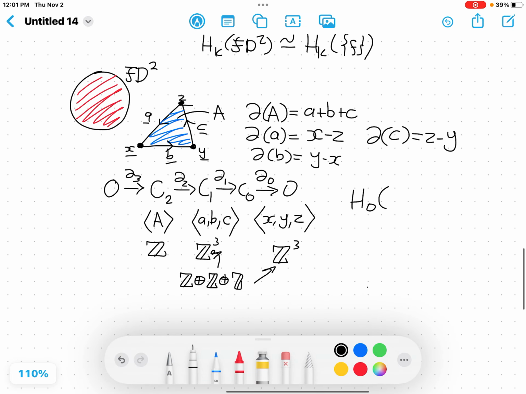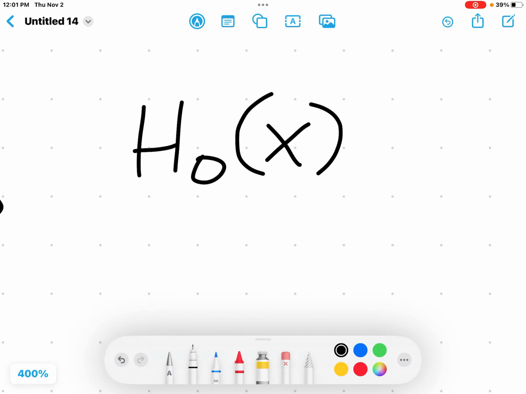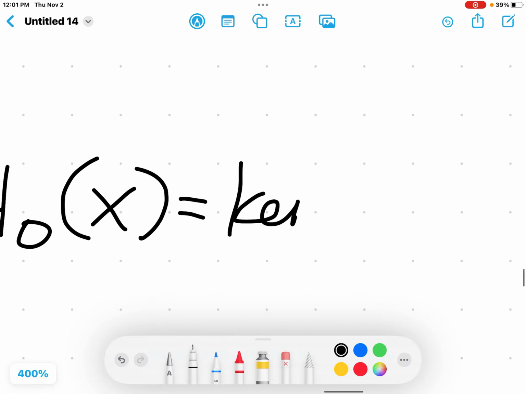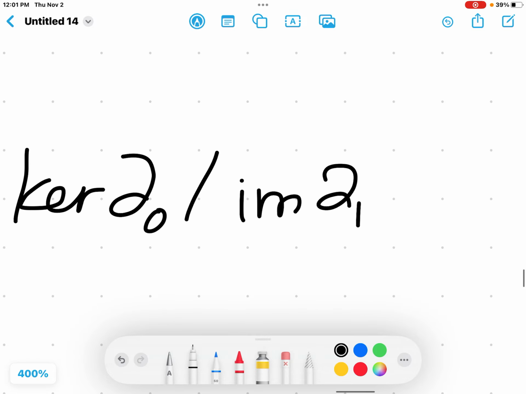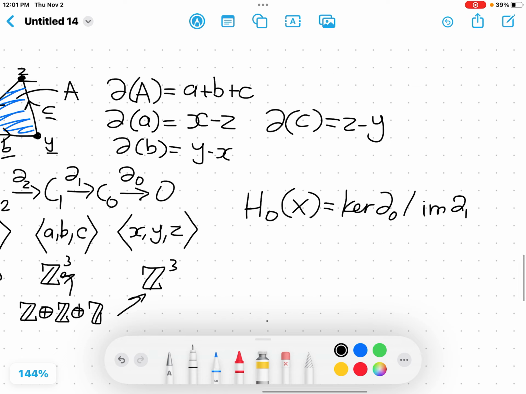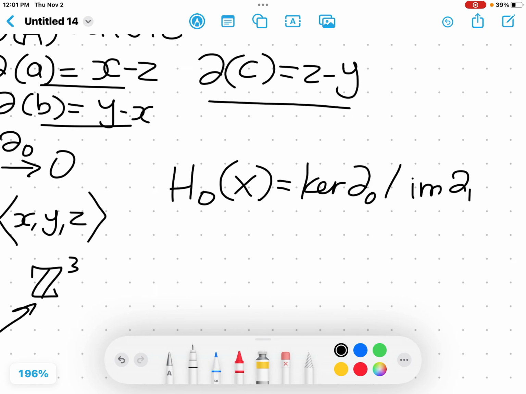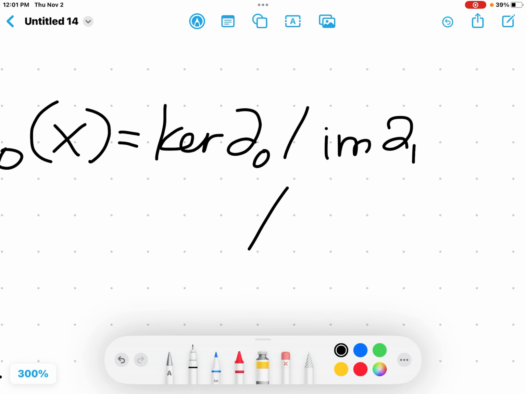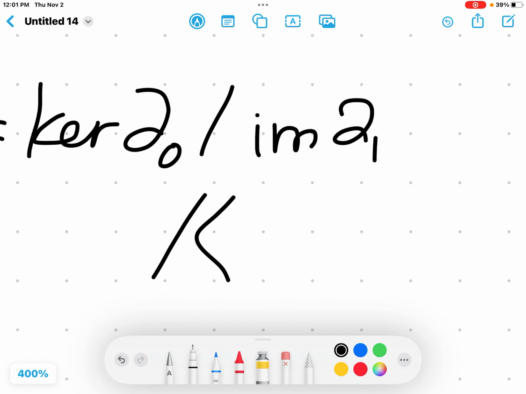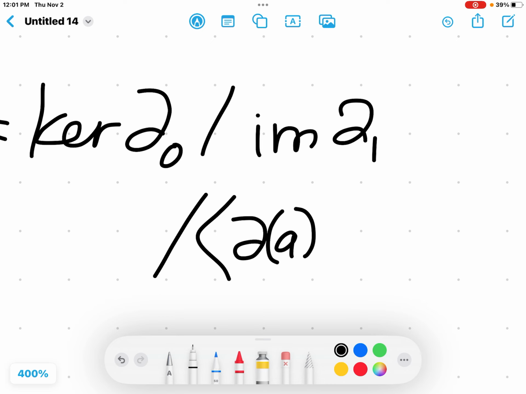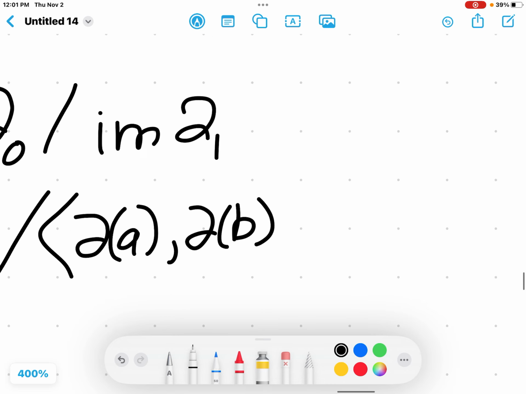All right, so H0 of X is again the kernel of del 0 mod the image of del 1. The image of del 1 is spanned by three elements: X minus Z, Y minus X, Z minus Y. I'll write it down as del A, del B, del C, and you can see it right above there.